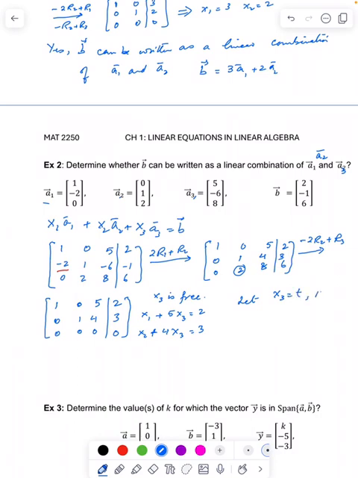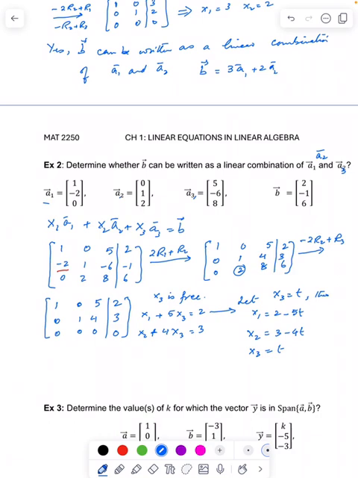Then x1 will be 2 minus 5x3 from here, but x3 is t, so that is my x1. What about x2? It will be 3 minus 4x3, or 3 minus 4t. So let me rewrite the x3 over here. So these are the values of x1, x2, x3.